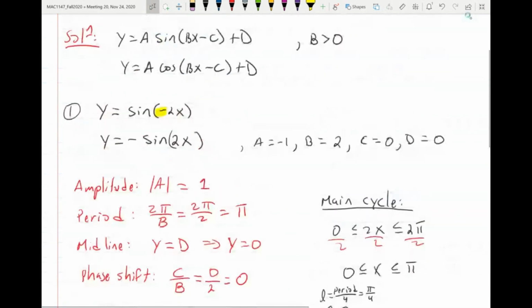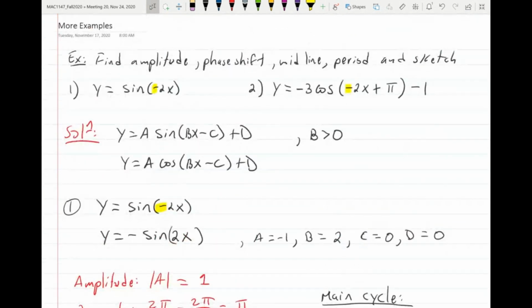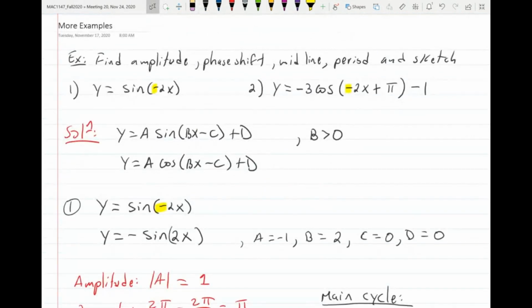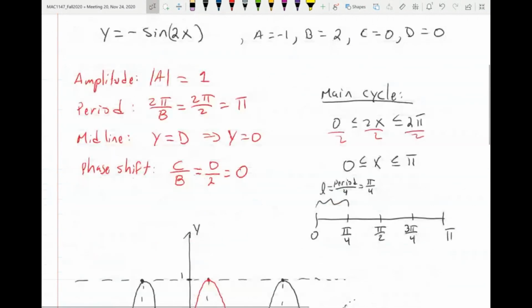Okay, so let's see. Let's do B. So we have negative 3 cosine. Yes, remember, Maria, we have 2 examples, right? So we have 1 and we have 2. So now we're gonna do the second example. All right.